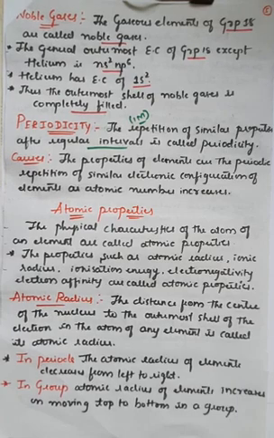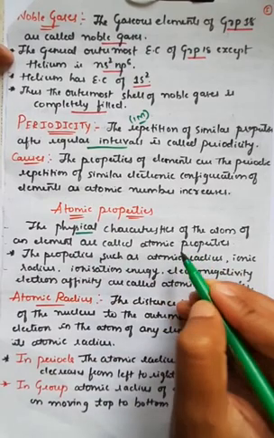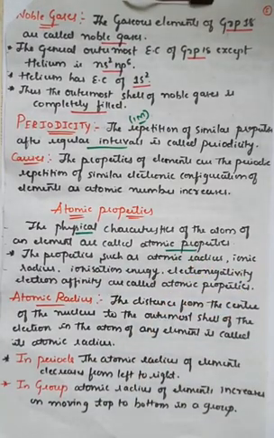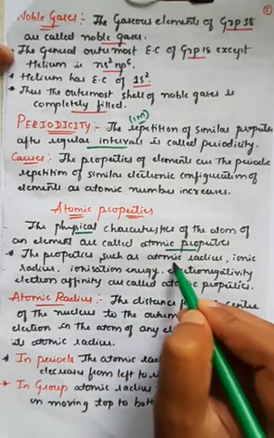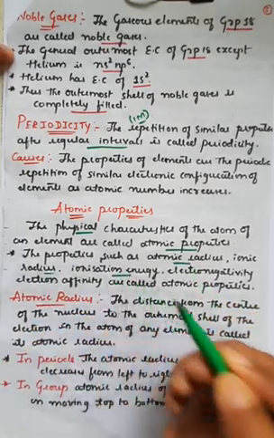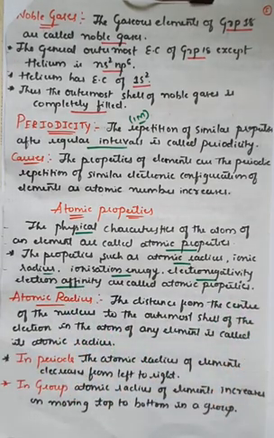The physical characteristics or physical properties of an atom or an element are generally termed atomic properties, such as atomic radius, ionic radius, ionization energy, electronegativity, and electron affinity.